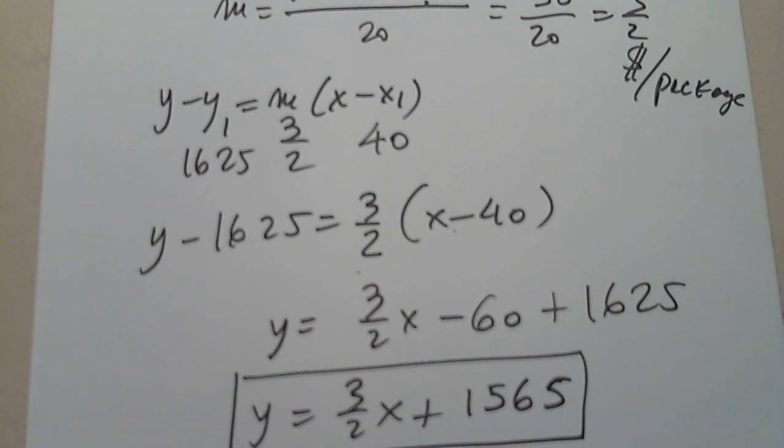Let's see what else they want. Use the equation found in part C to find total expenses during a month when 100 packages were sent. So x is 100. Please plug it in. So 1.5x plus 1565, and plug in 100 packages.